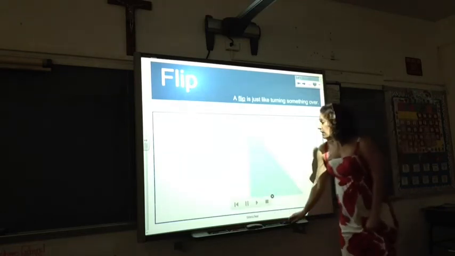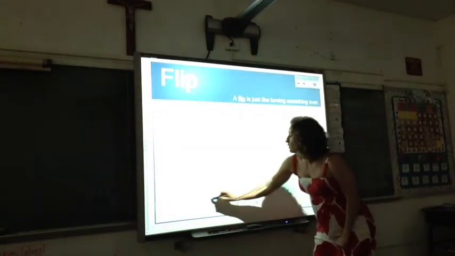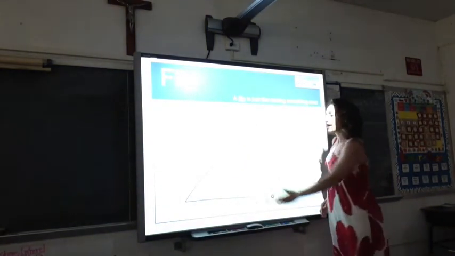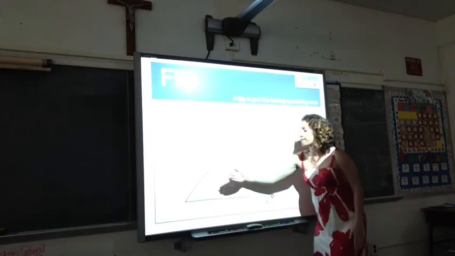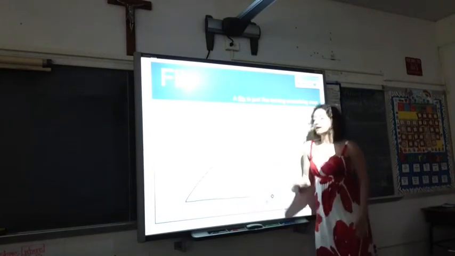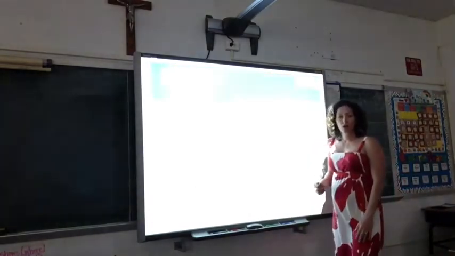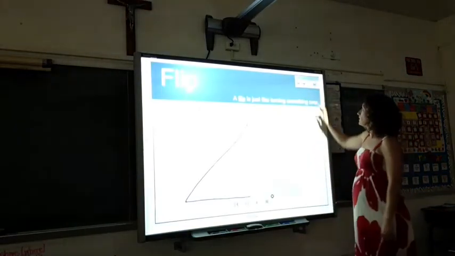Okay, so it started out over here and it looked like this. And then when I hit play, the shape flipped over the line, and so it almost looks like a reflection of that shape.